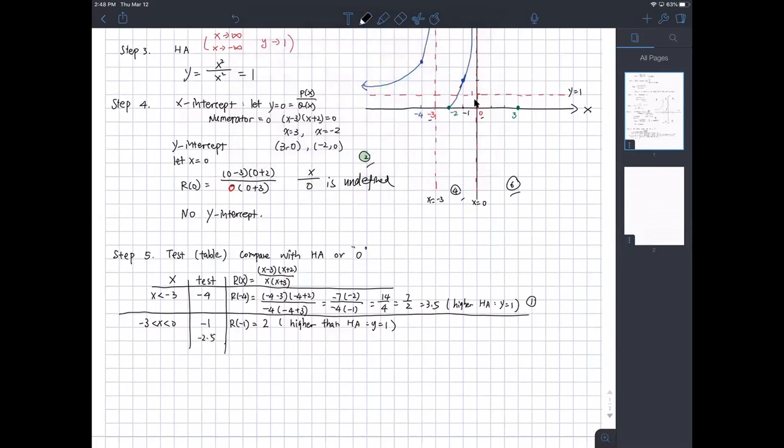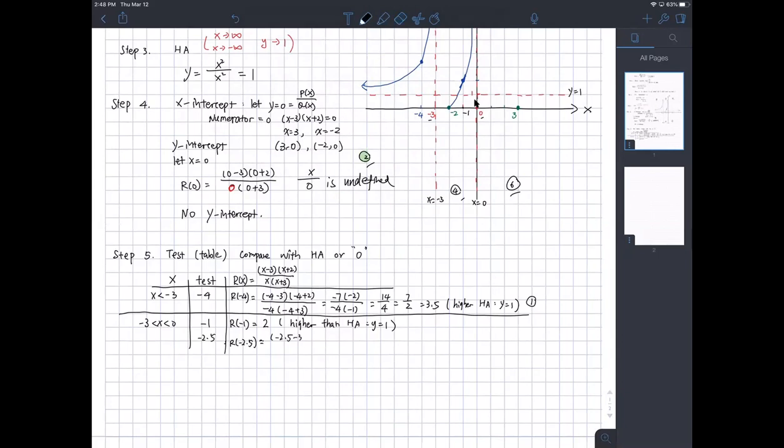Now for -2.5, it's not easy to solve. But as you can see right here, my r of -2.5, I didn't really calculate it. All right, so let's calculate that. Let me just put them here.